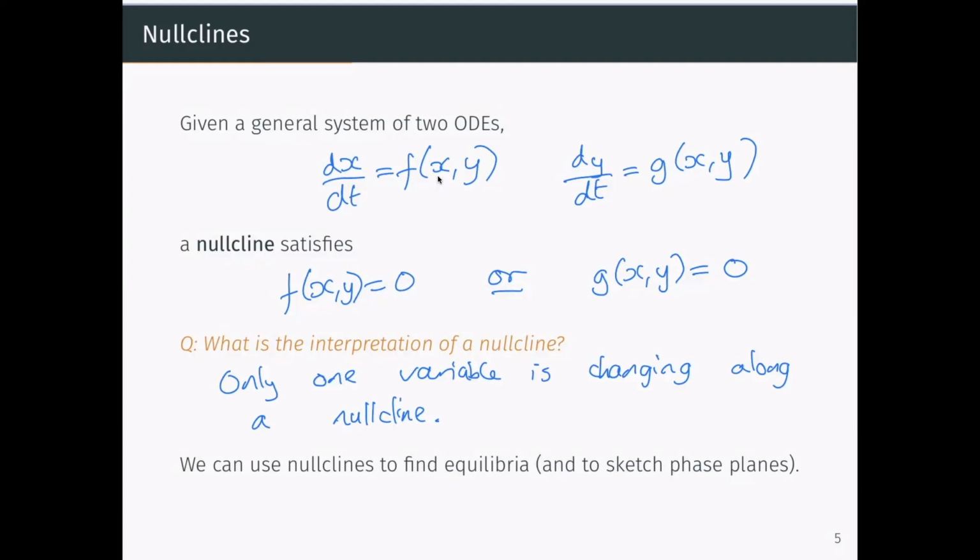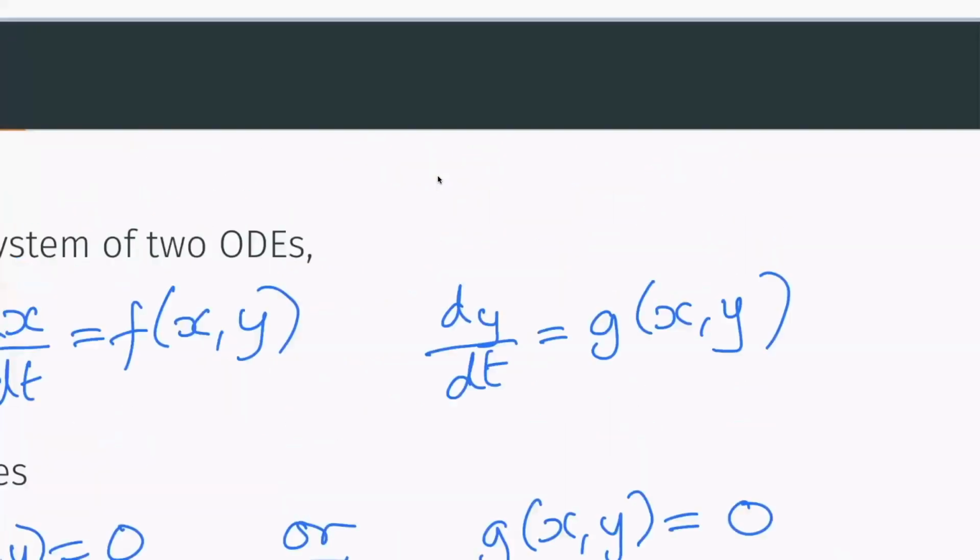We can think of these x and y variables as describing something like the change in population size. The ODEs describe the change in the population size of two species, say they are competitors, so these are their relative densities x and y.